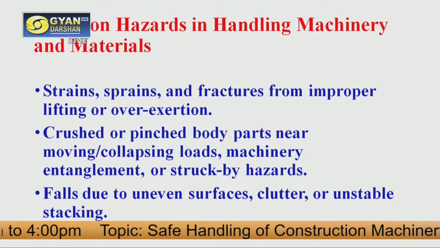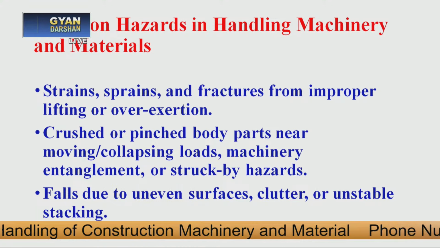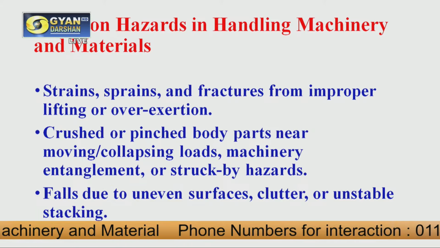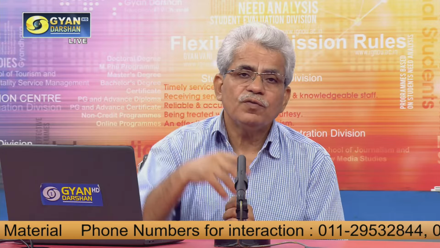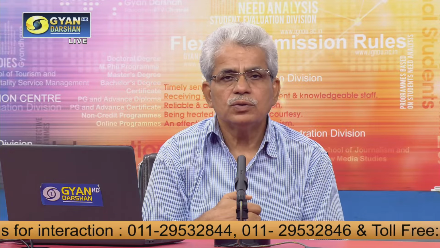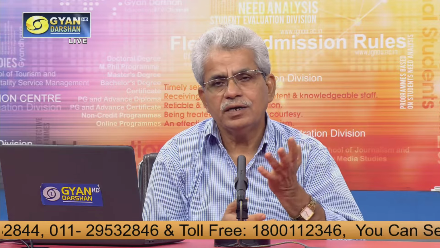Then there may be a fall of the worker. The worker may slip if the surface is slippery, or may fall from a height if he is not careful. So one has to be very careful when a worker is working at a height.